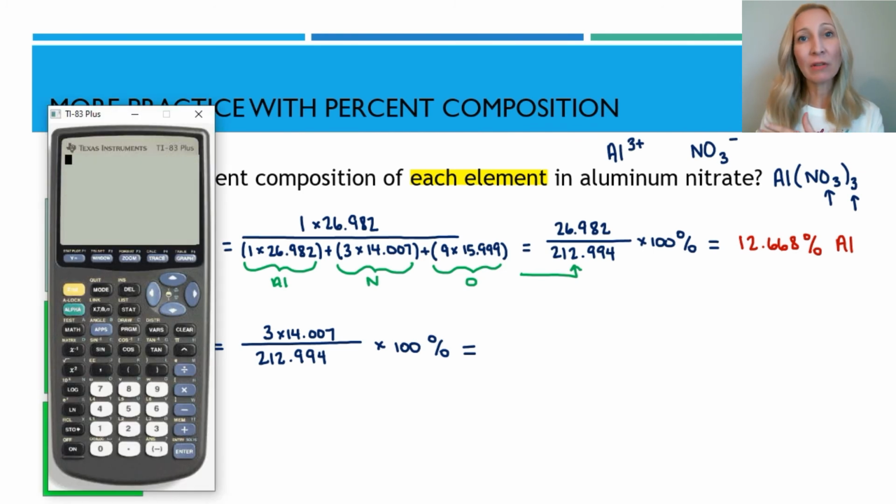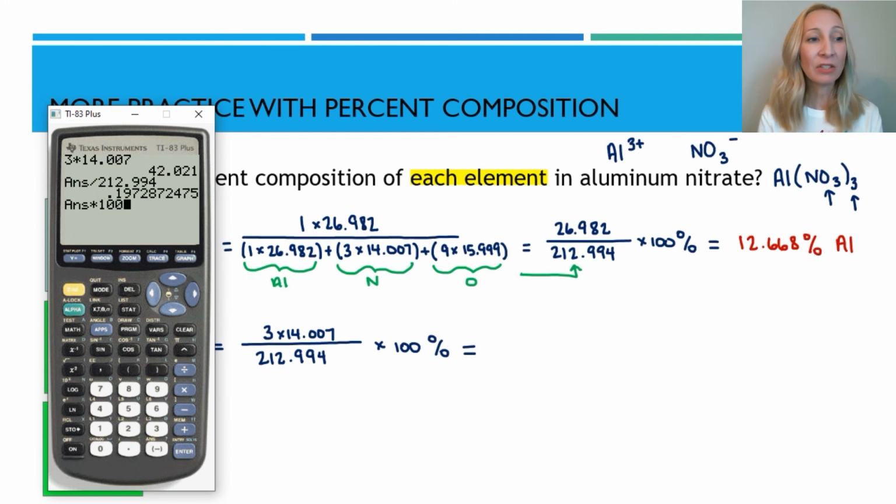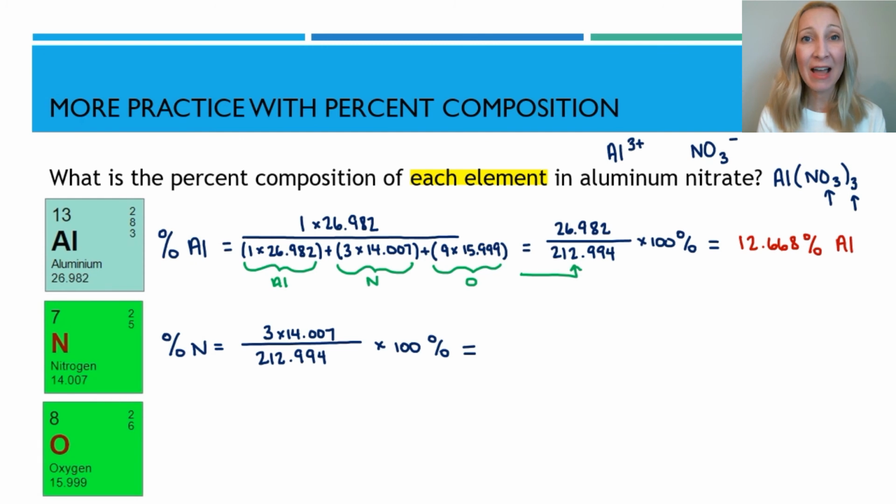I will type all of this into my calculator, so 3 times 14.007. And then I'm going to divide that answer by 212.994, multiply by 100, and round to 5 significant digits because the masses that I put in had 5 significant digits. So 19.729% of this compound is nitrogen by mass.